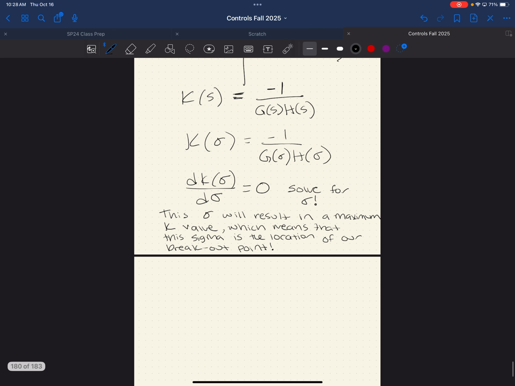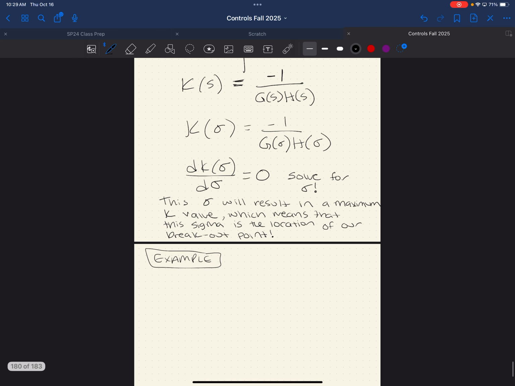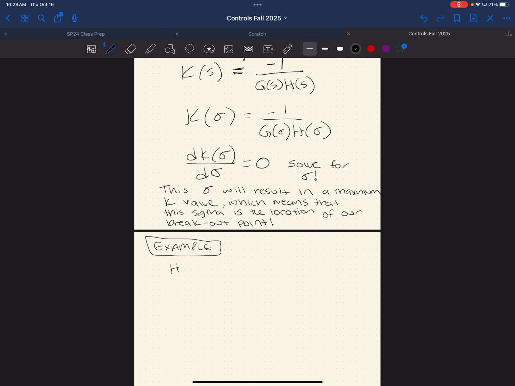Let's do a little intermediate example here. Let's say I have G of S, H of S equals 1 over S plus 1, S plus 3.